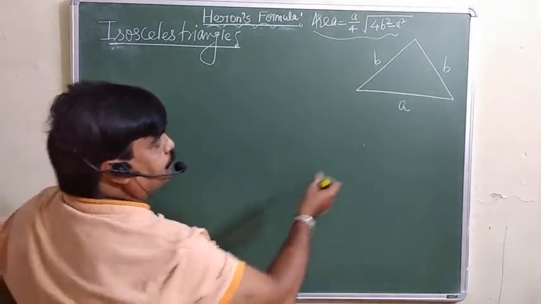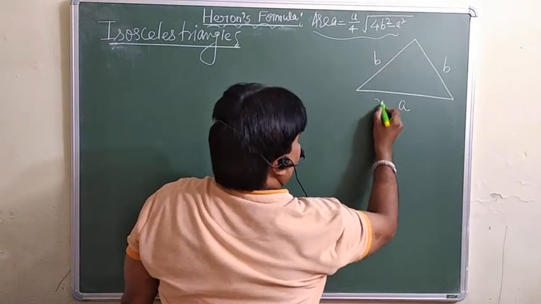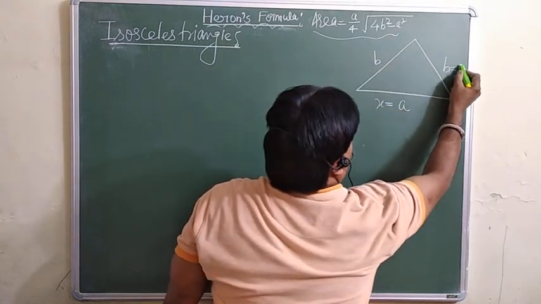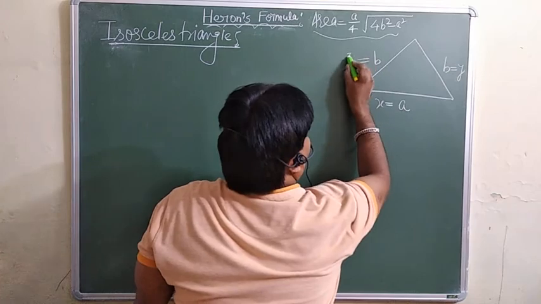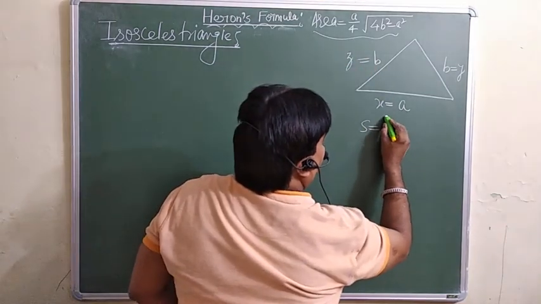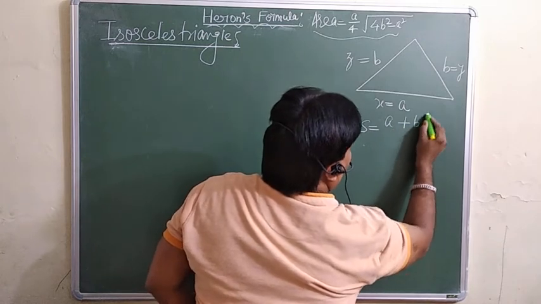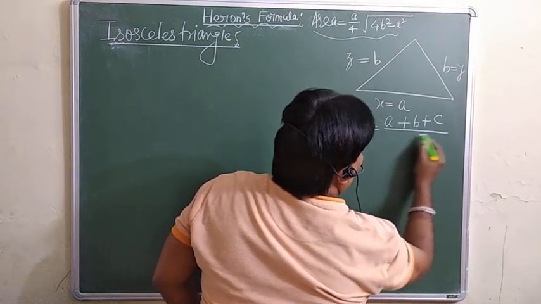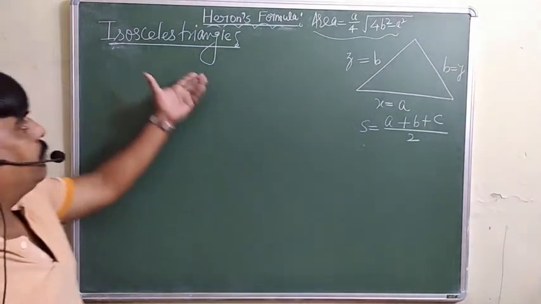See, simple. For our own convenience you can take this as X, this as Y, and this as your Z. So your S will be equal to, directly I am doing, A plus B plus C by 2. You have to apply Heron's formula.